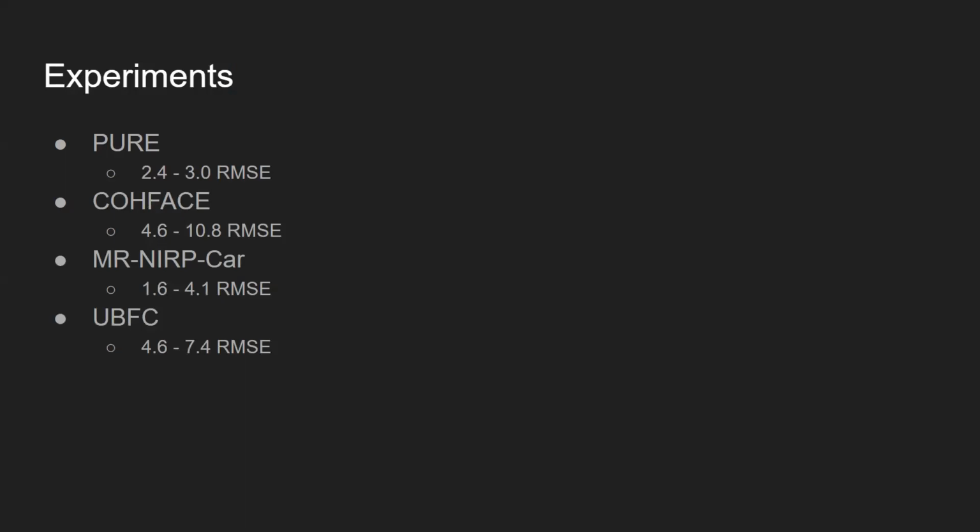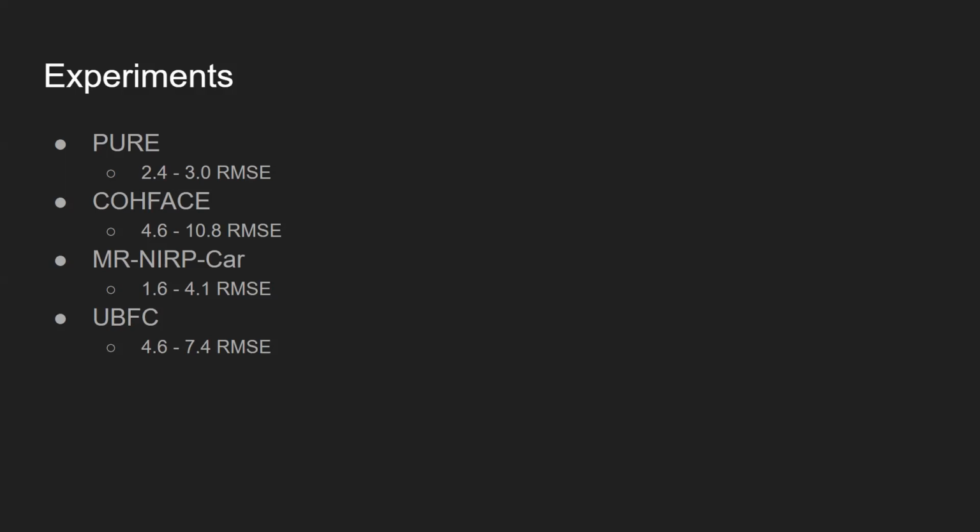In PURE, the results were between 2.4 and 3.0 RMSE, and these strong results were likely due to the high quality video that I mentioned earlier, and minimal movement of the subjects could have also played a part.